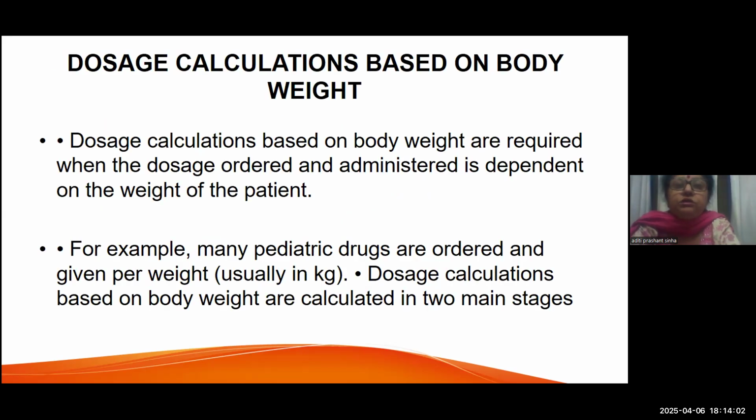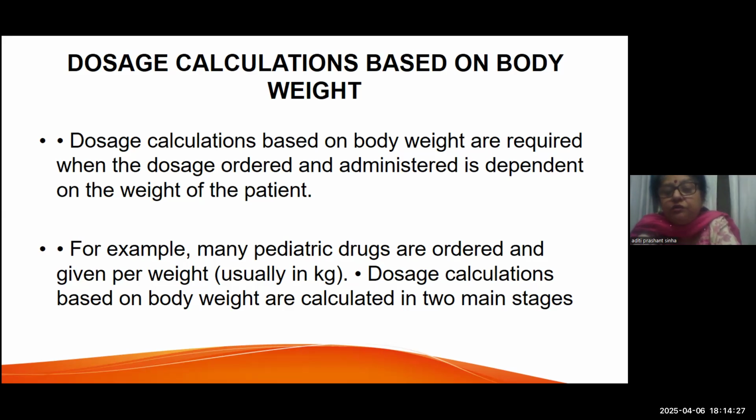Now coming to some of the doses, they can also be calculated based on the body weight. Dosage calculations based on the body weight are required when the dosage ordered and administered is dependent on the weight of the patient. Many of the pediatric drugs are ordered as per the weight of the child.